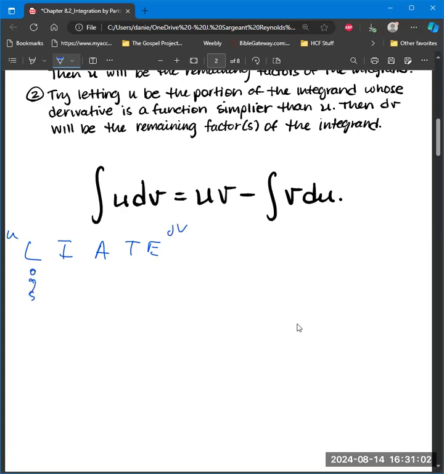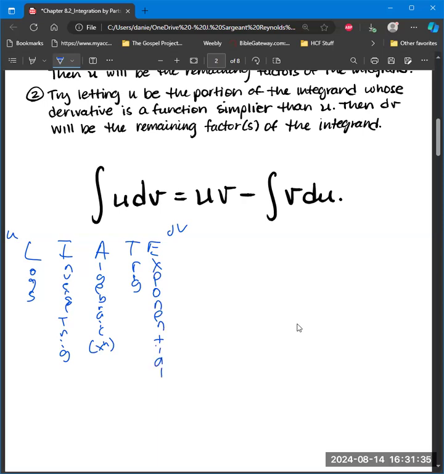This is logs, inverse trig functions, algebraic functions. These are really power functions I'm thinking of, x to the n. Trig functions are here, and then exponential.